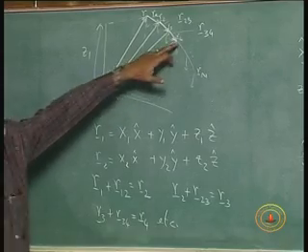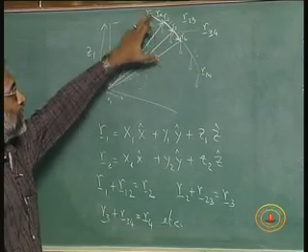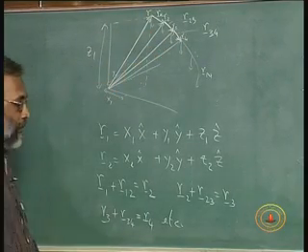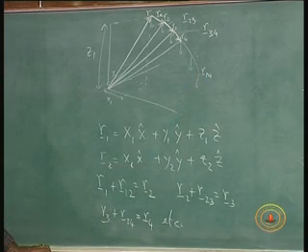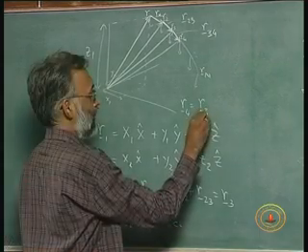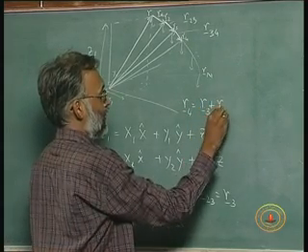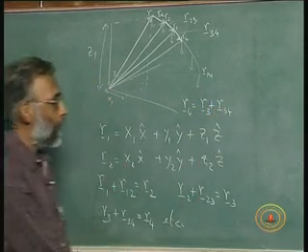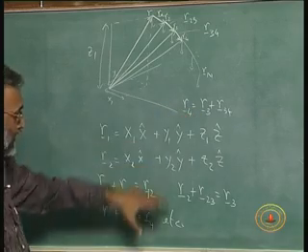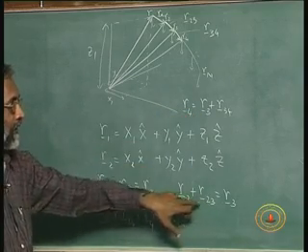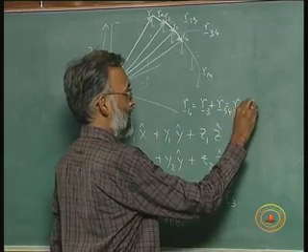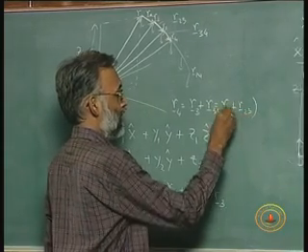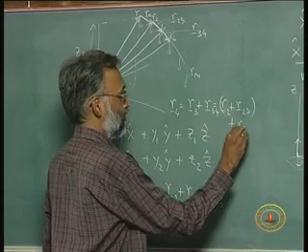Supposing I want to write R4 in terms of R1, what do I do? Well, I will write R4 is equal to R3 plus R34. But R3 itself can be written, it is equal to R2 plus R23.